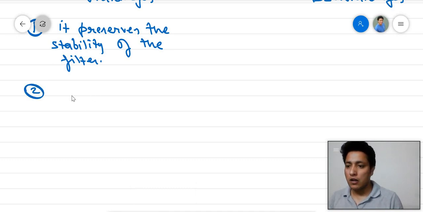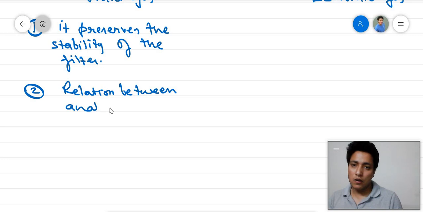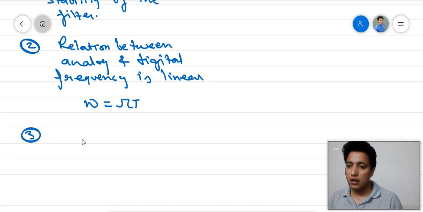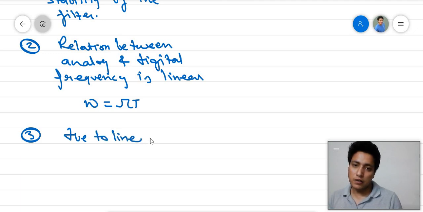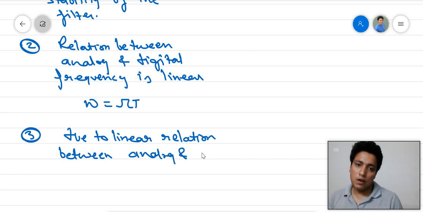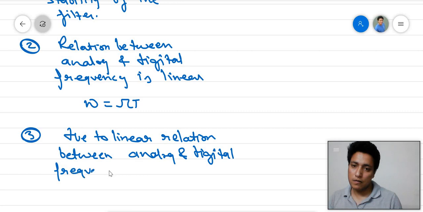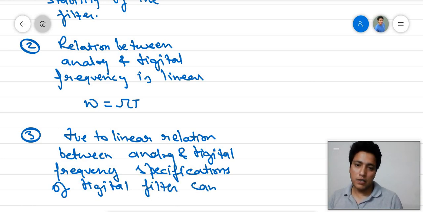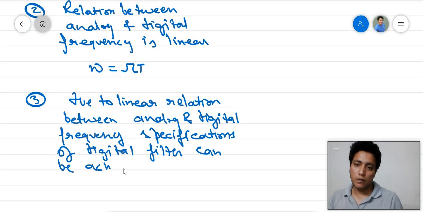Second, the relation between analog and digital frequency is linear, that is omega is equal to omega T. Third, due to the linear relation between analog and digital frequency, specifications of the digital filter can be achieved easily.